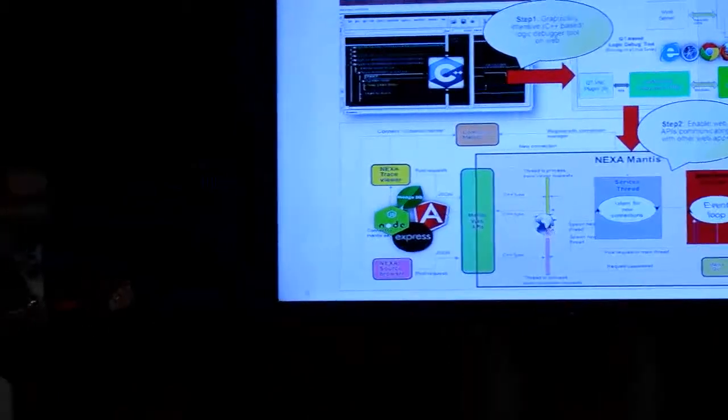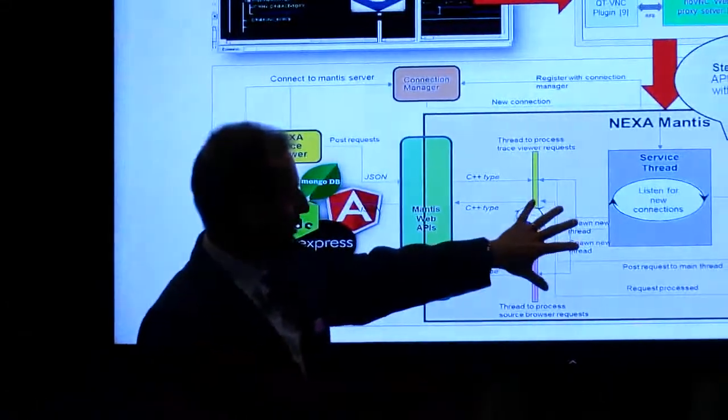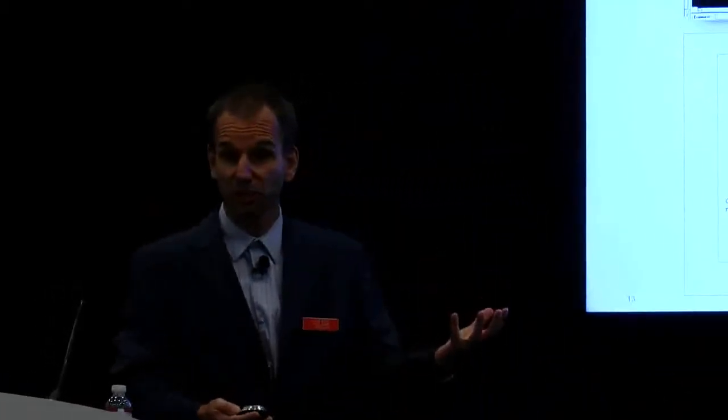Once we had broken that up, we could evolve each of the sides. We could take the core of what we call the Nexa Mantis engine and make that the data server that runs on the server side of the farm. And then we could take the client side and replace that with tools based on modern web technology that just runs in your browser and talks to the server side through a bunch of web-based APIs.